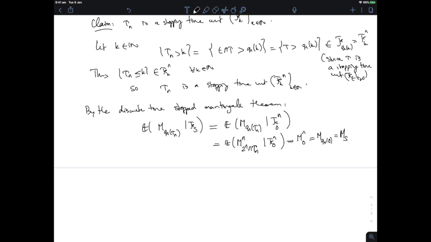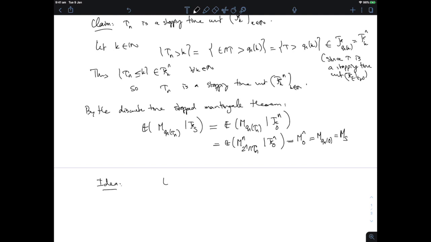So what we need to show now is that qn of tau n does tend to tau, and m of qn of tau n tends to m of t, and the corresponding conditional expectation tends to the corresponding conditional expectation. If we prove all of that, then we would get our result. So that's the idea here.